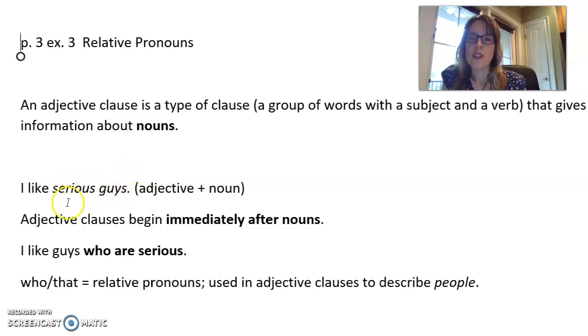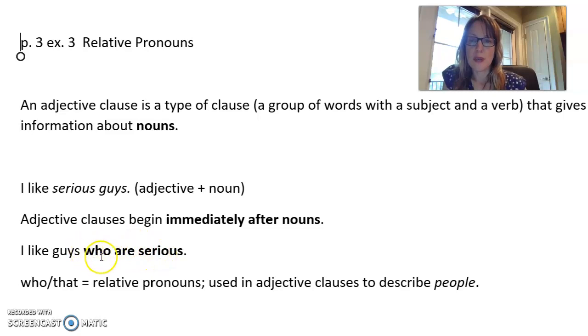But if we want to use an adjective clause instead of an adjective, they occur in a different pattern. The most important thing to remember is that adjective clauses begin immediately after nouns. So instead of saying I like serious guys, we're going to say I like guys who are serious.